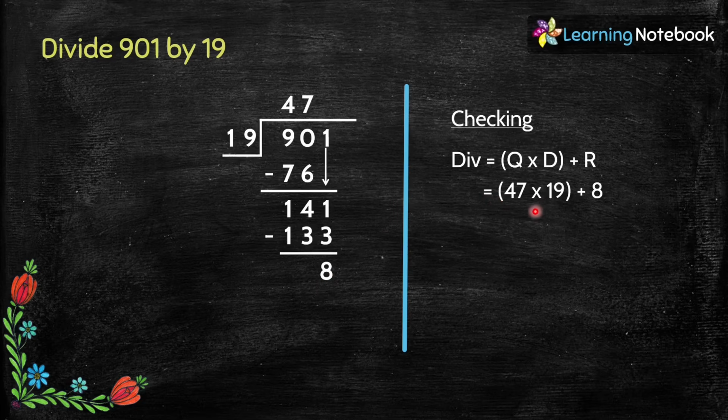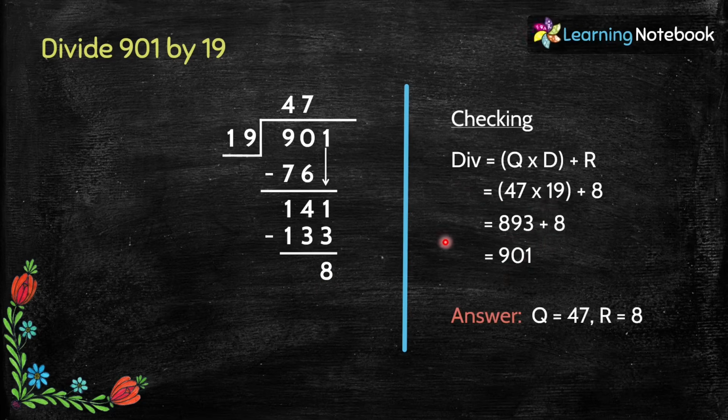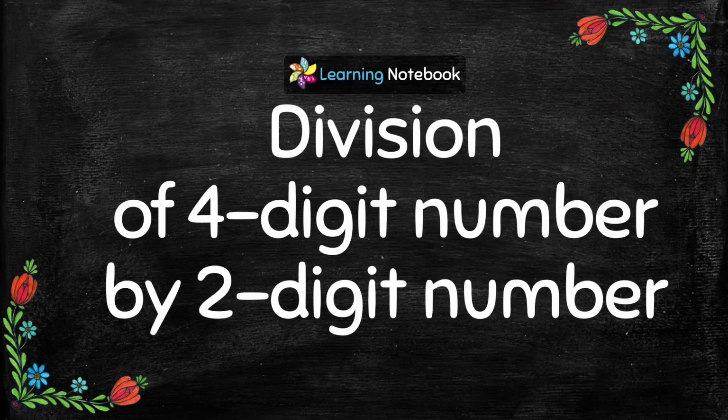So 47 multiplied by 19 equals to 893 plus 8 equals to 901, which is same as the given dividend. So it means our answer is correct. Quotient equals to 47 and remainder equals to 8. Now let's learn division of 4-digit number by 2-digit number.